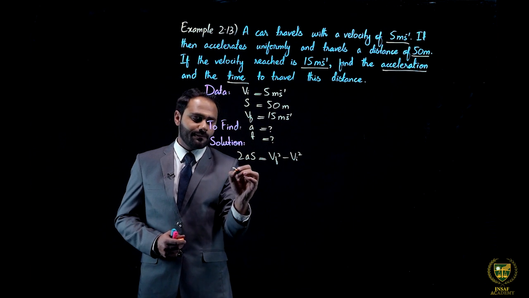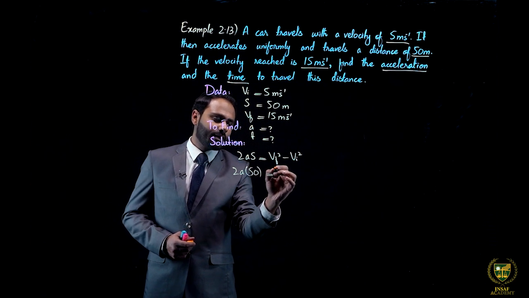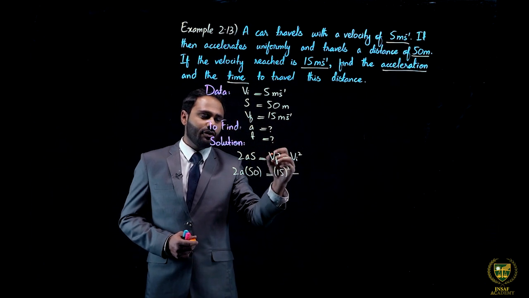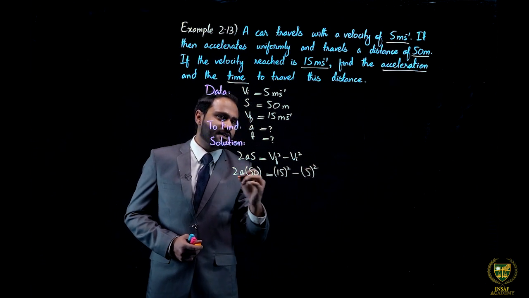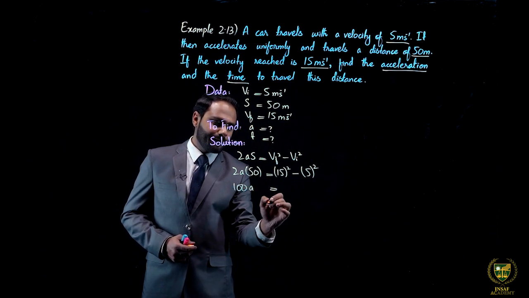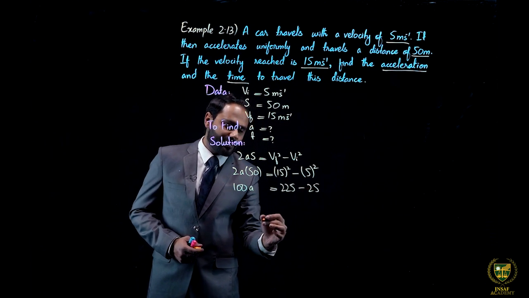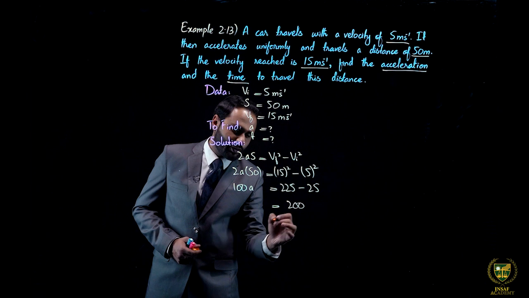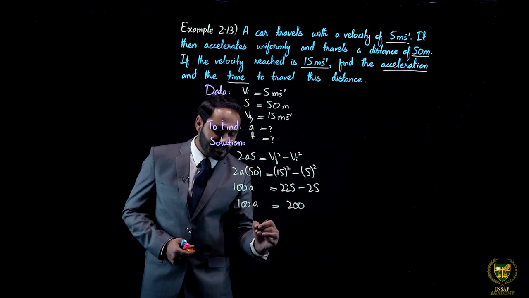Just put the values in it. 2as, with S as 50 meter, is equal to Vf square, which is 15 square, minus Vi square, which is 5 square. 2 into 50 becomes 100a, 15 square is 225 and 5 square is 25. So 225 minus 25 becomes 200, and on the other side is 100a. Since 100 is multiplying a, it will divide on the other side.